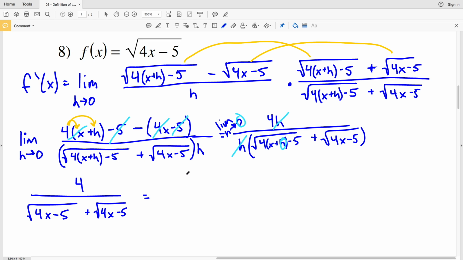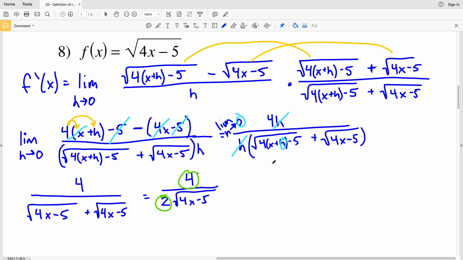Simplifying, that will be 4 all over 2 times the square root of 4x minus 5, because 1 times the square root of 4x minus 5 plus 1 times the square root of 4x minus 5 is 2 times the square root of 4x minus 5. And 4 divided by 2 is 2.